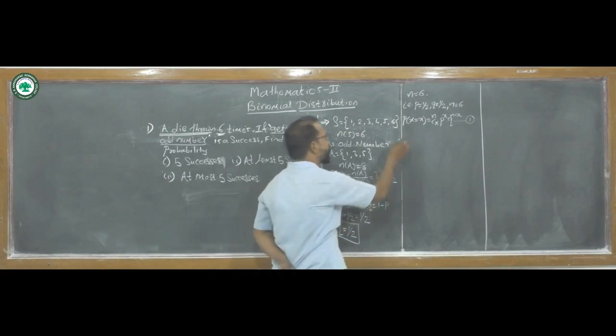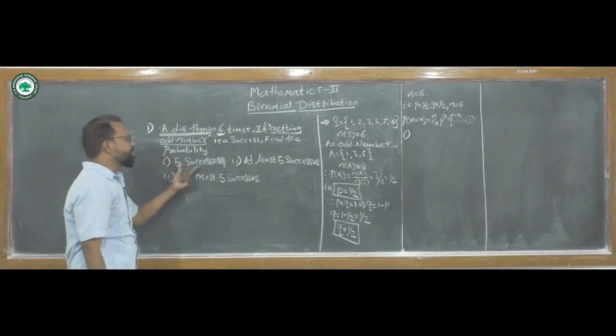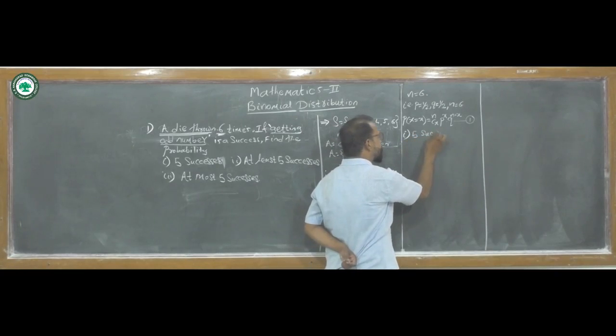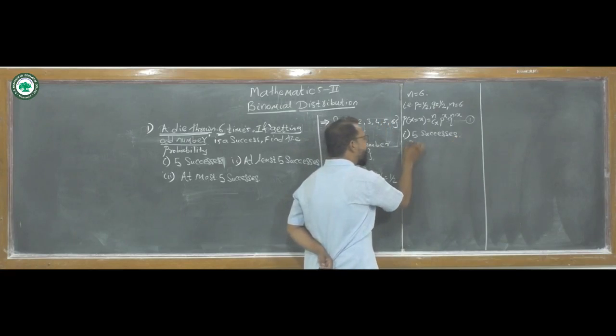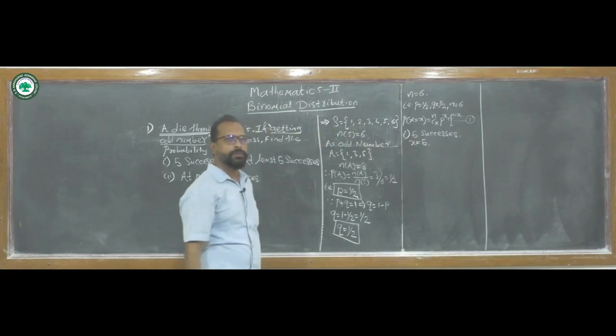Now sub question number 1. In sub question 1, we need 5 successes. So here we take x equals 5.